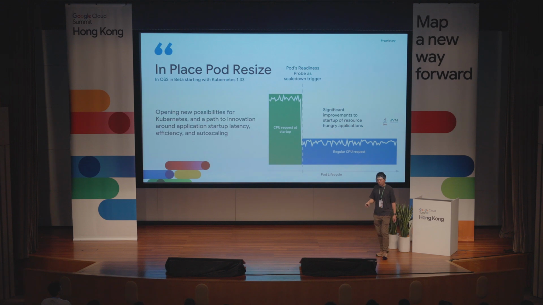That's really helpful for Java applications that are resource hungry, like Spring Boot apps. There's a lot of dependency injection at the beginning, so that takes a lot of resources. Maybe you need 2 or 4 cores at the beginning, but you only need, say, half of it when it's running. So this is going to be a feature coming in the next 2 to 3 months. So watch out for this.